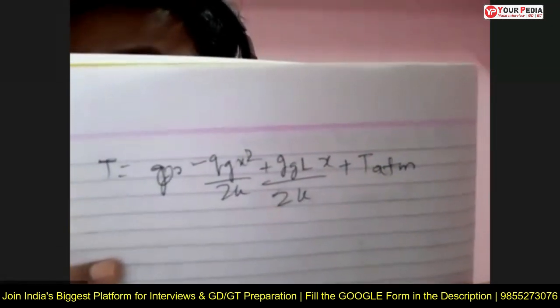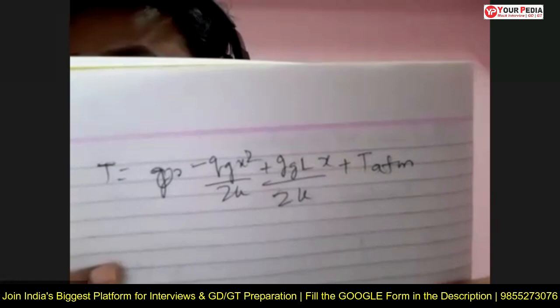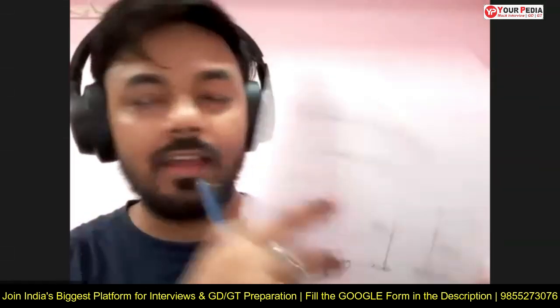The result is q_g x square by 2k, q_g L by 2k plus x, plus T atmospheric, and I have derived it from here.